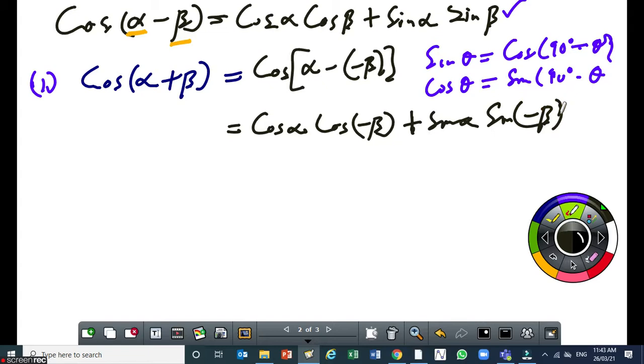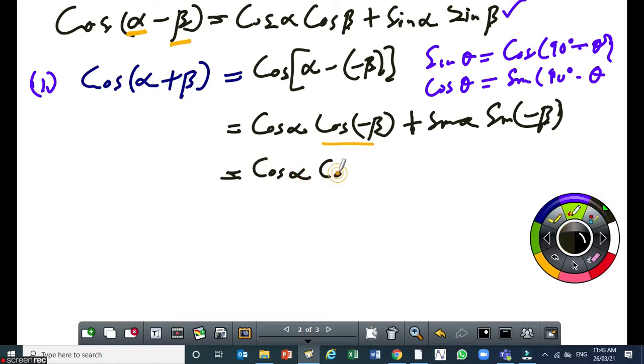Then from there, I hope you can agree with me that this cos minus beta is equal to cos beta. So you end up having cos alpha times cos beta, plus sine alpha times sine minus beta, which is equal to minus sine beta.